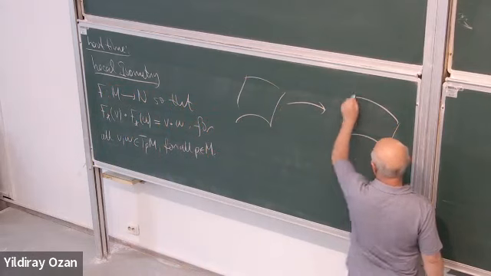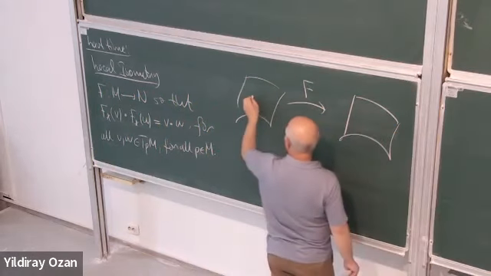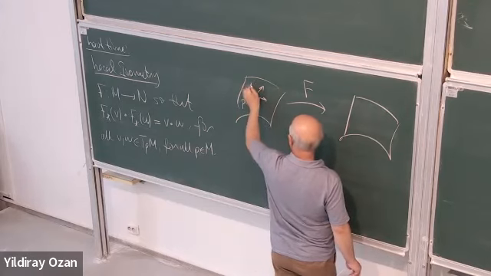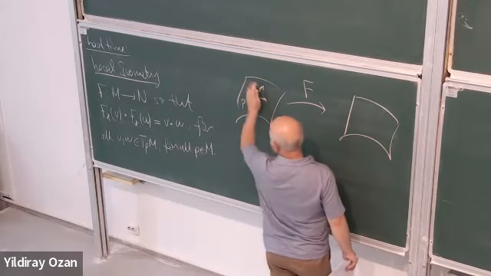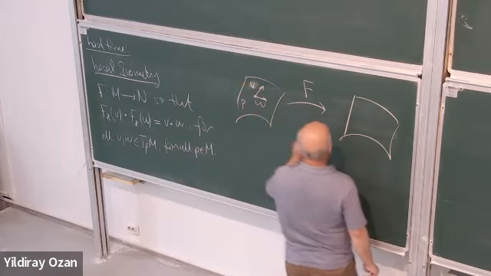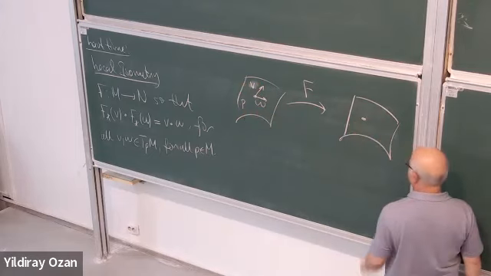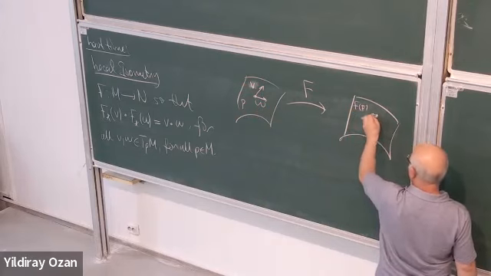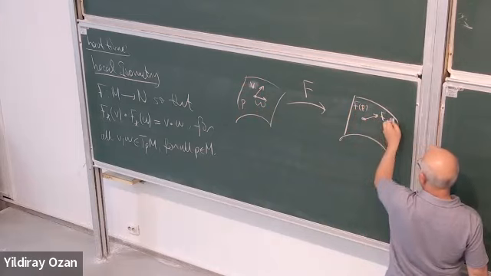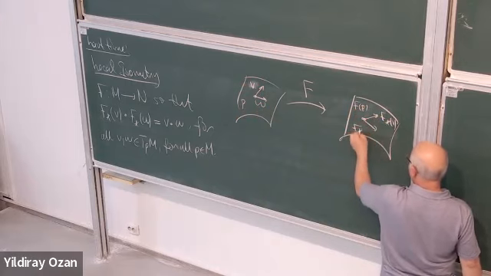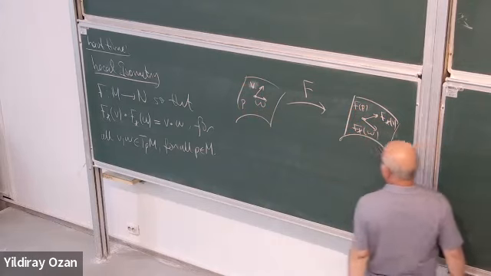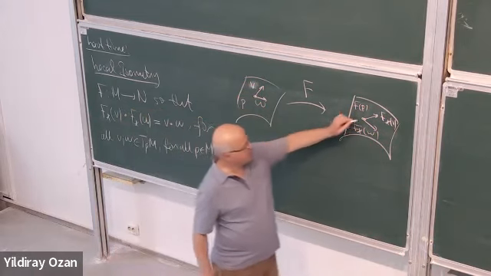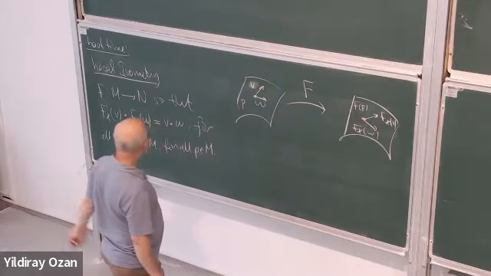A local isometry is a smooth map so that at any point, if you pick two vectors, V and W, let's say, and then their images at the point F of p, F star V and F star W, the inner product of these two vectors is the same as the inner product of the original two vectors.